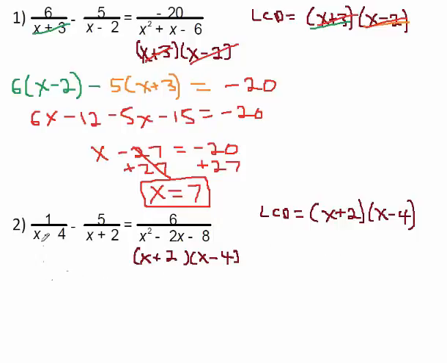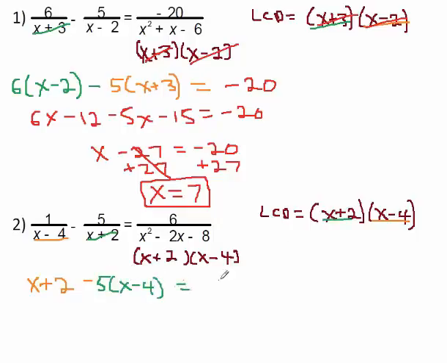Okay, so for the first one, the x minus 4 is going to cancel with the x minus 4, which means you've got the x plus 2, and you've got 1 times x plus 2, which is just plain x plus 2. For the second term, the x plus 2 cancels the x plus 2. The x minus 4 is the only one left, so you've got 5 times x minus 4.